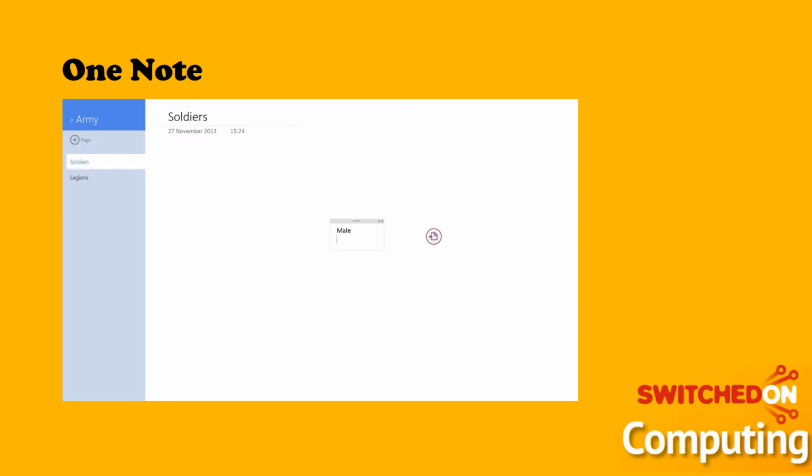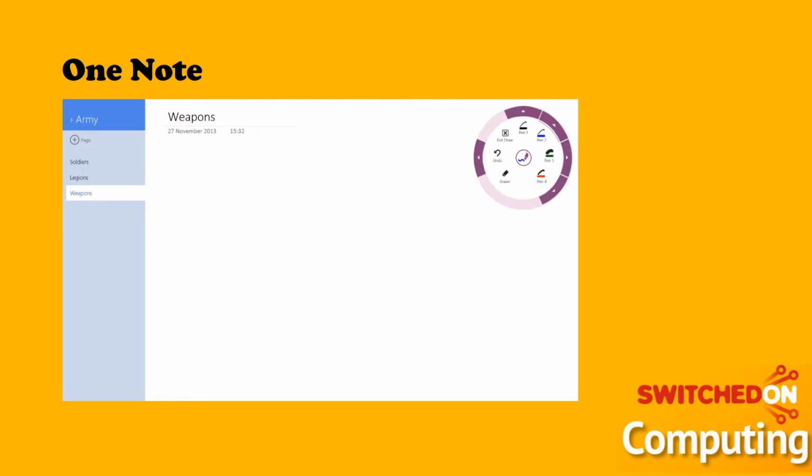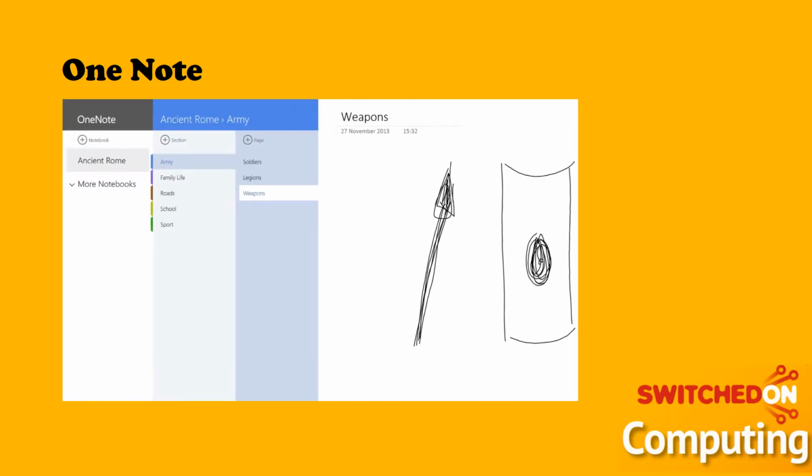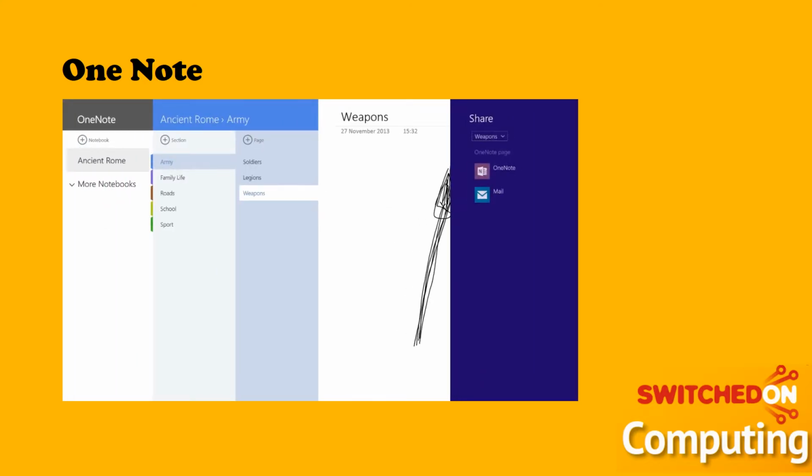A context-sensitive wheel provides formatting options. Add new pages as you need. Use the drawing tools to create your own sketches. Pressing Ctrl and F6 lets you share your notes via email.